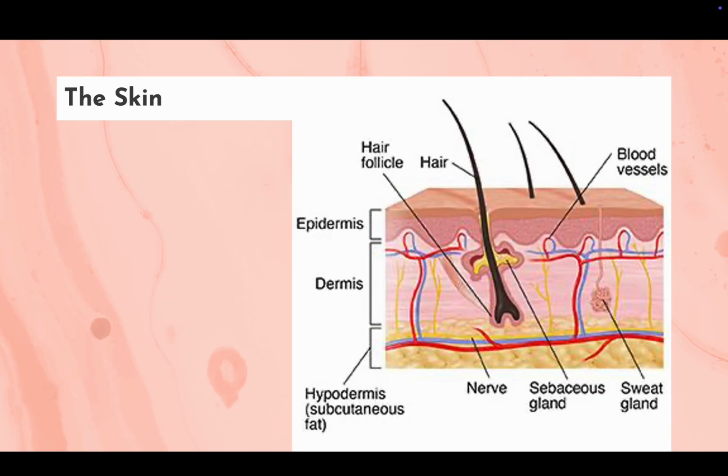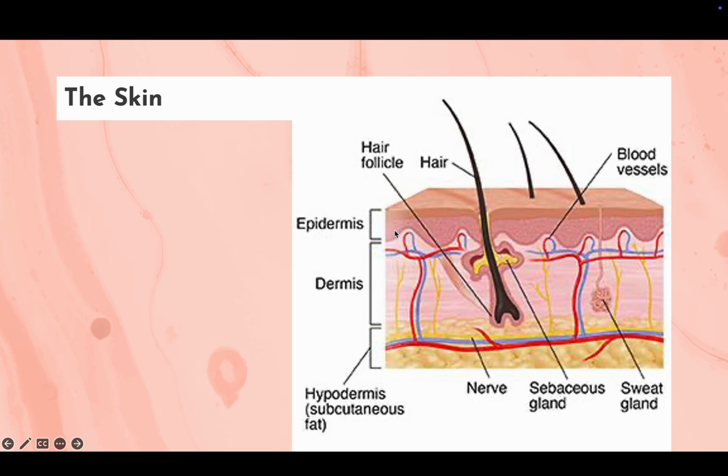So here's the picture I was referring to. Now in the video that I have, you're going to see the different layers of the epidermis. It's going to go into a little bit more detail on that. My suggestion, even though we don't really test you on these layers, is that it might be a good idea to at least understand that there are several layers in the epidermis, so that the whole integumentary system makes a little bit more sense.